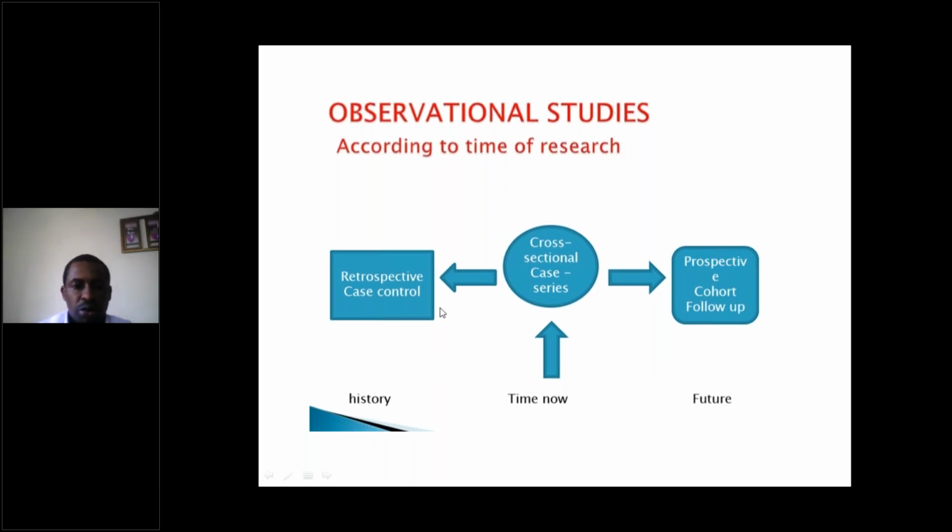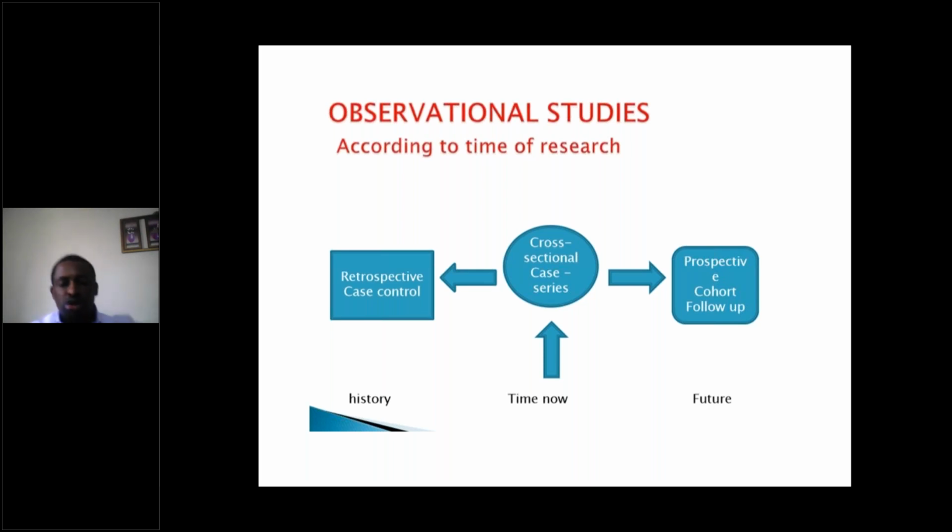You can do a retrospective case control, studying what has happened in retrospect, or a cross-sectional case series, studying what is happening now, or a prospective cohort follow-up. These are the observational studies you can do.